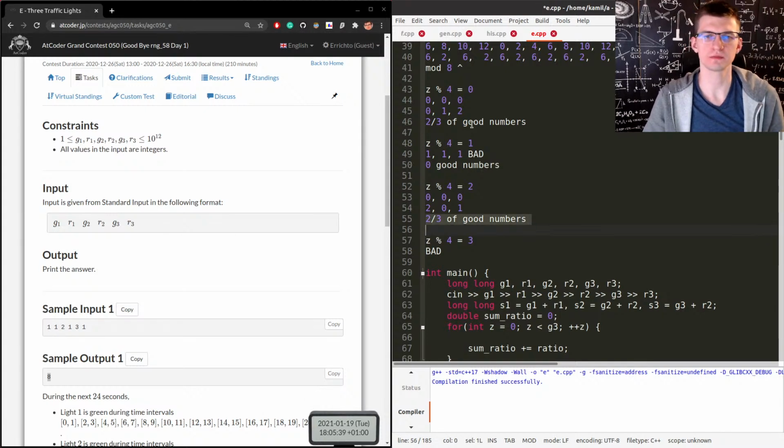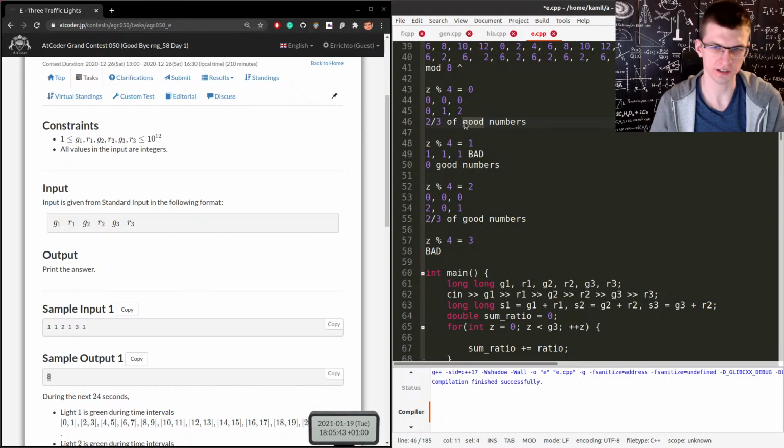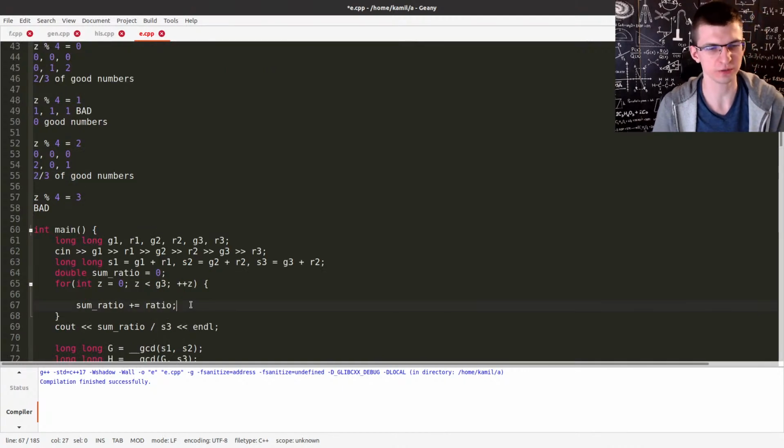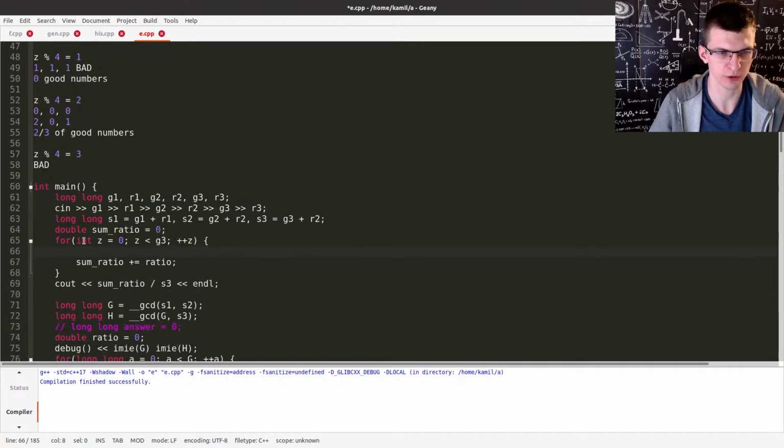Because I want to compute probability, then when I choose triple, then it's good. So for every remainder modulo the last number, I compute this probability of good pair of the other two numbers and then take the average of probabilities. In the final code, we need to count this, but it's equally hard. I can work with ratios.